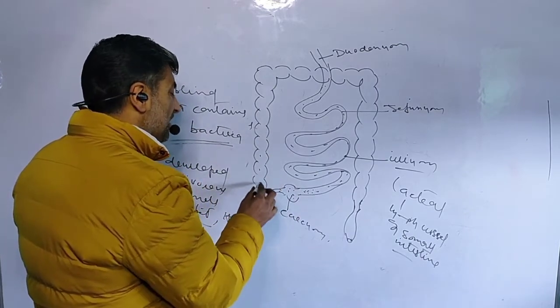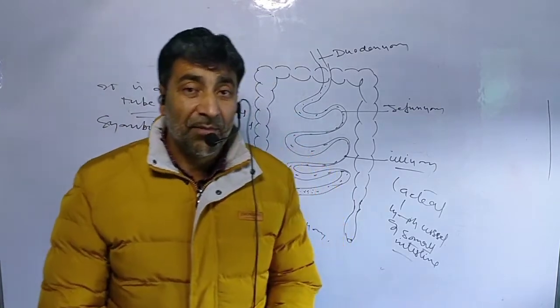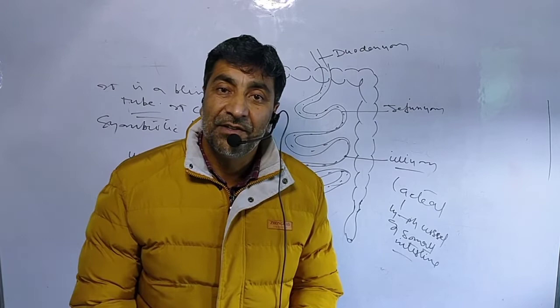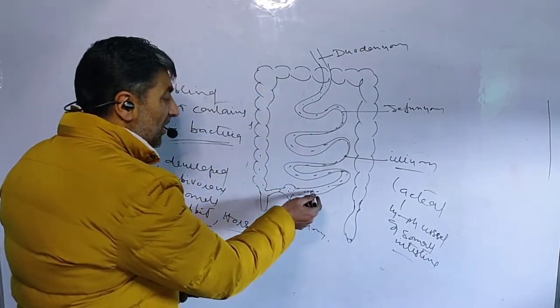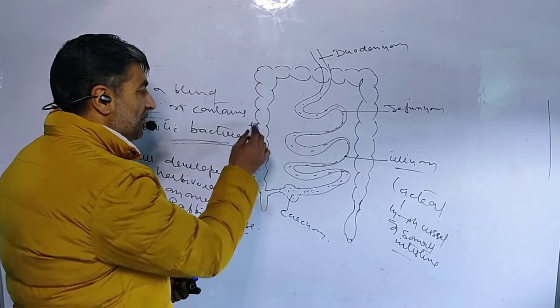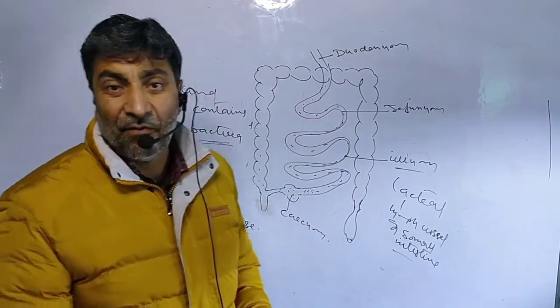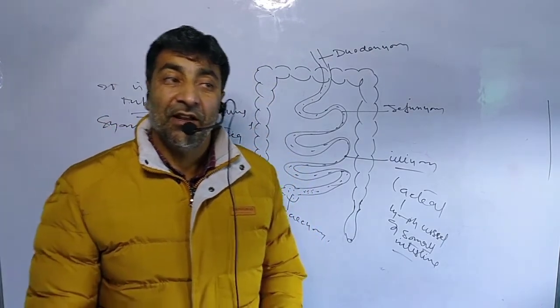But this undigested food does not go back from the large intestine to the small intestine. Why not? Because it is prevented by a valve.